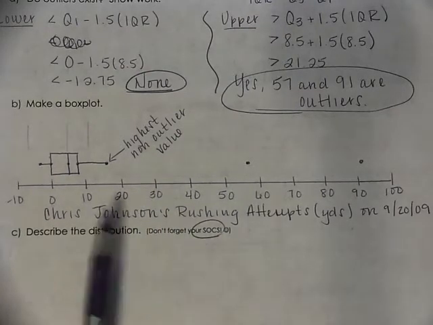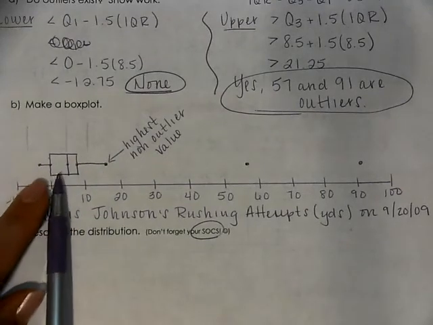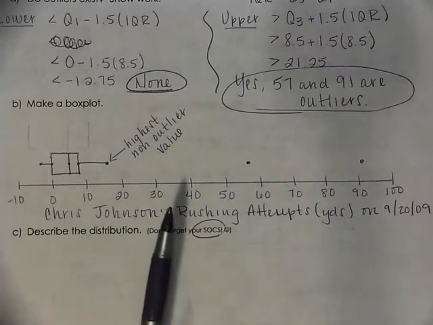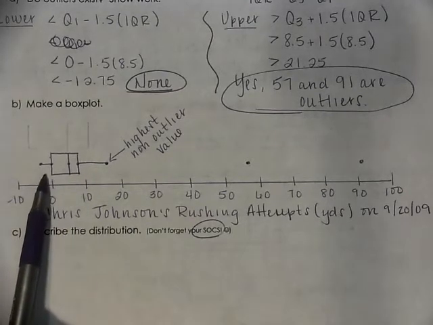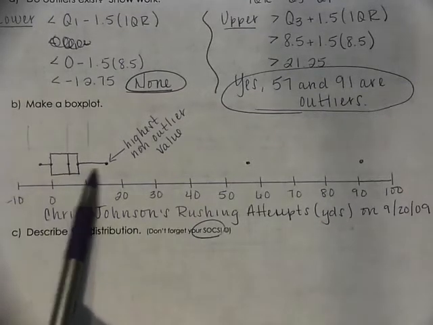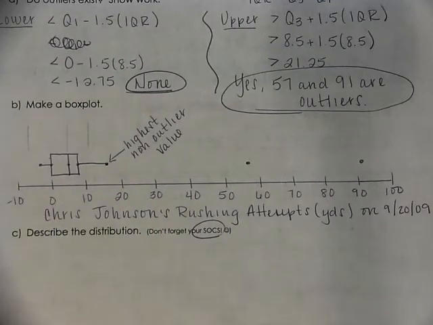If you saw it as approximately symmetric, because the lower part of the box is a little more spread out, that's fine too. But remember, it's all about comparing the lower half of the box to the upper half. If the lower half is more stretched out, skewed left. If the upper half is more stretched out, skewed right. If they're approximately the same, approximately symmetric.